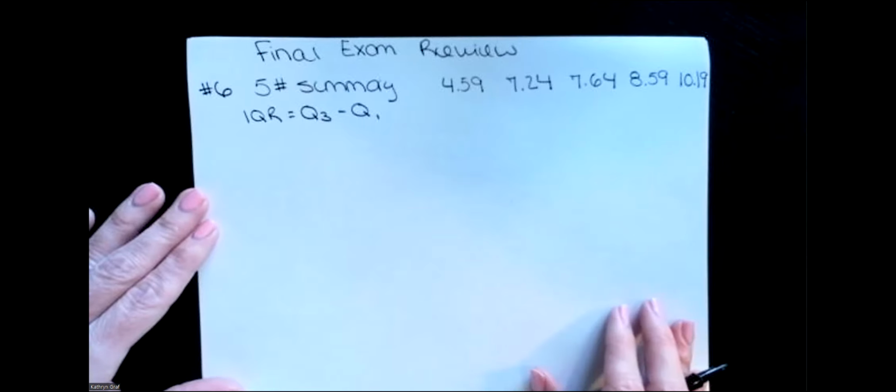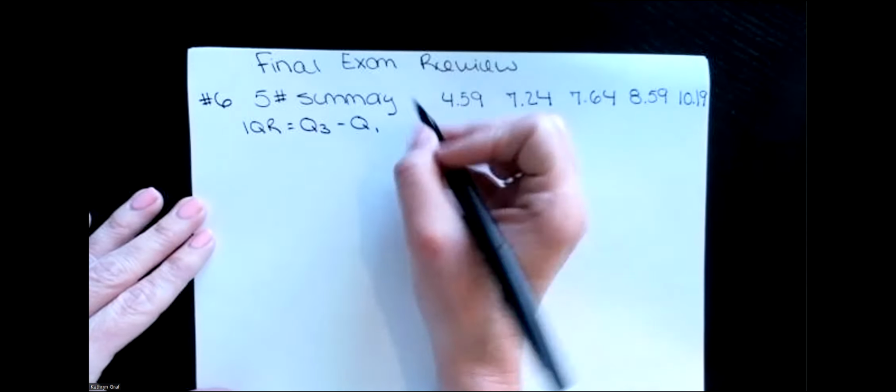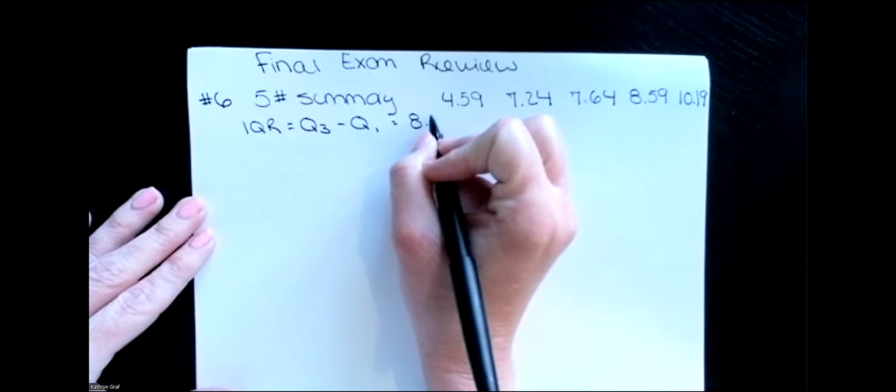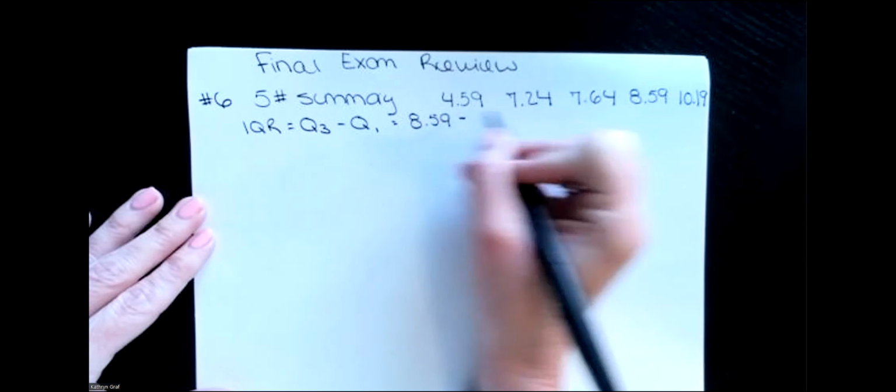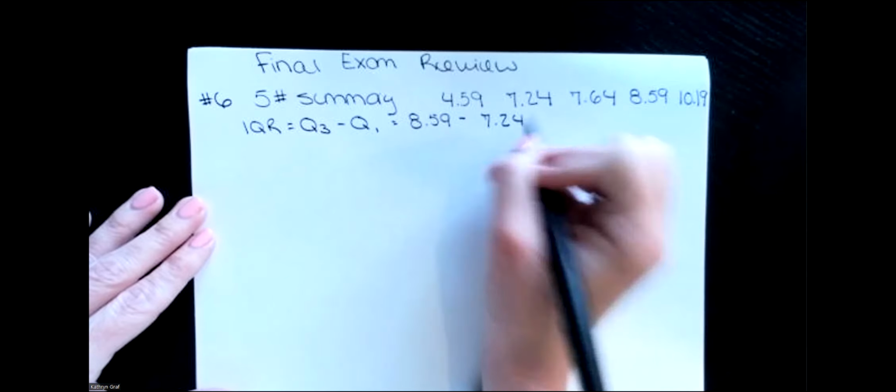So the first thing we want to do is we need to calculate the IQR. Not that it asks me for this, but when I calculate those fences for the cutoff values, then I need to calculate this. So quartile 3 is 8.59 minus 7.24, which is my quartile 1.